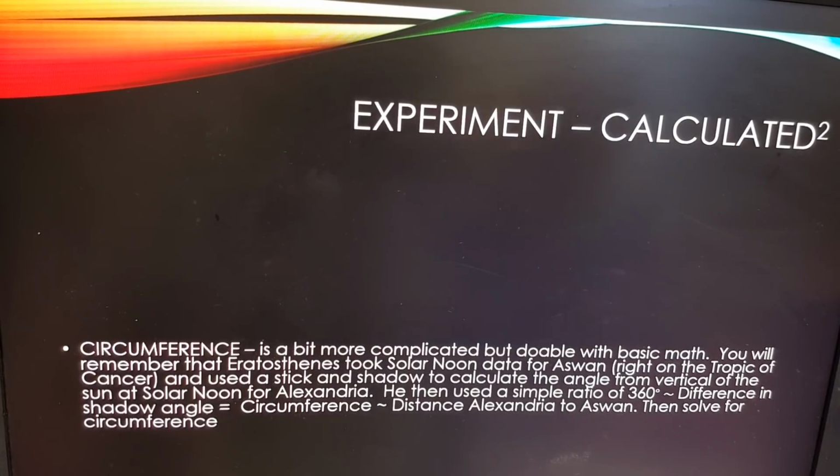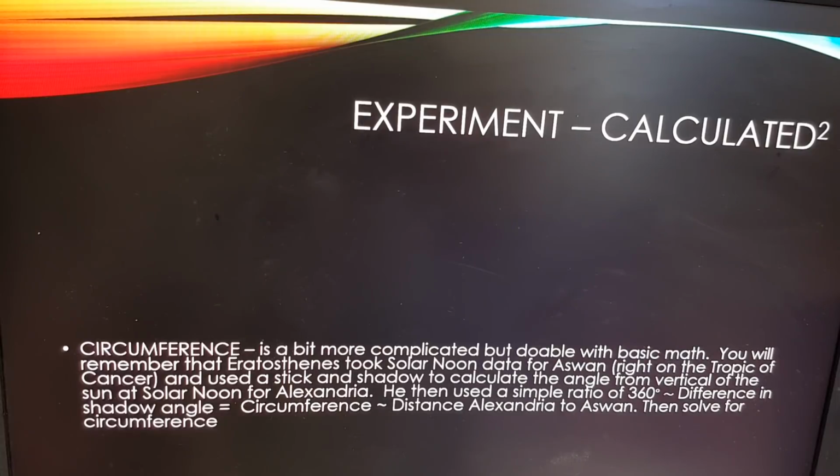And then he used a very simple ratio, the ratio of the number of degrees in a circle, 360 degrees, is proportional to the difference in the shadow angle that we just looked at.